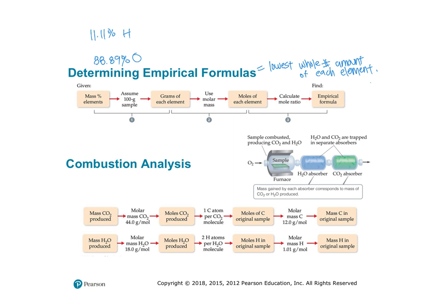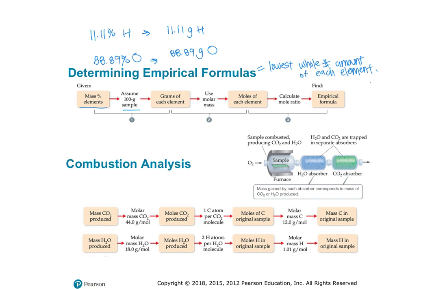So what you do to find out the empirical formula, first thing is you take the percent masses that you get and you assume you have a 100-gram sample, which means that if I had 11.11% hydrogen, then I really had 11.11 grams of hydrogen and 88.89 grams of oxygen.